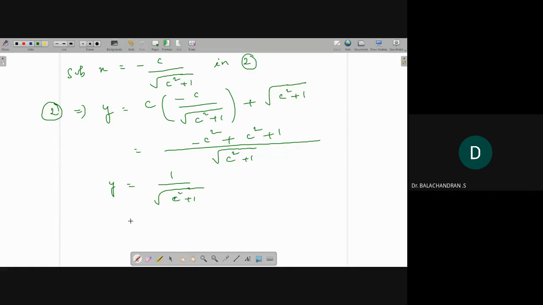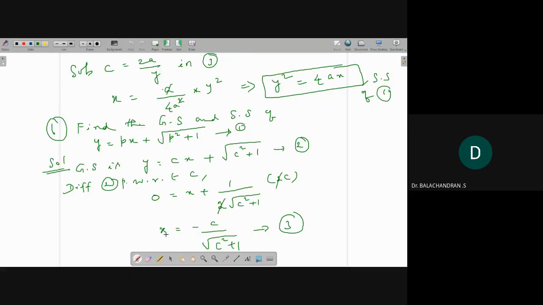This implies y square is equal to 1 by c square plus 1. I call this equation 4.